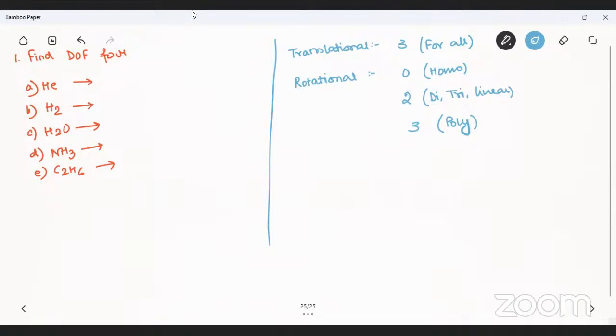And vibrational is 0 for mono. In the last page, whatever I have written for the degrees of freedom, that will be coming for boards. This will be coming for your exam. Okay, so di, tri, which is linear, same, it is a hyphen, and then it will be poly.